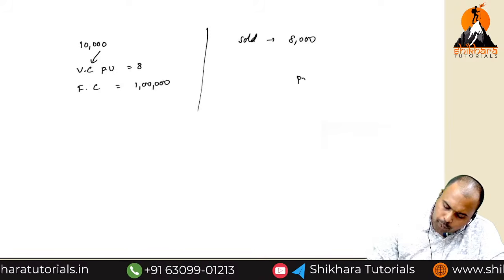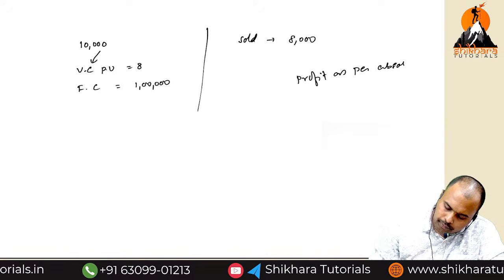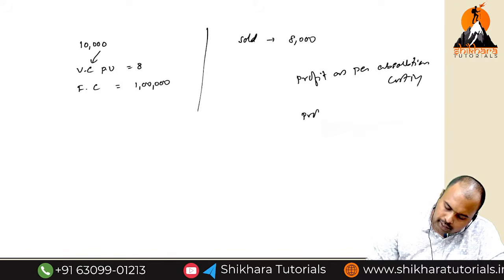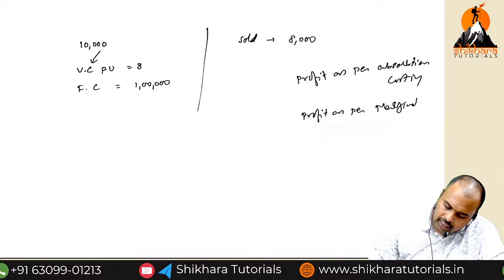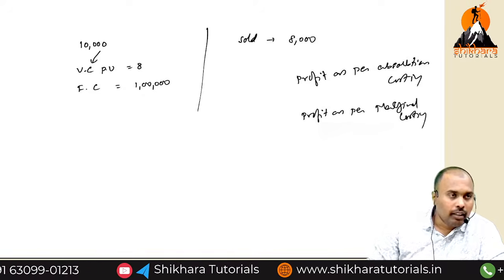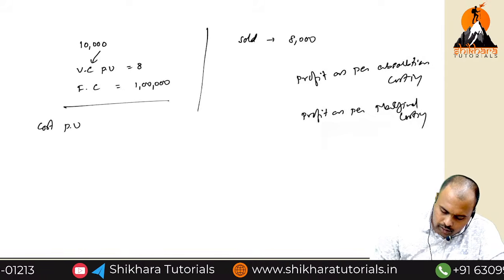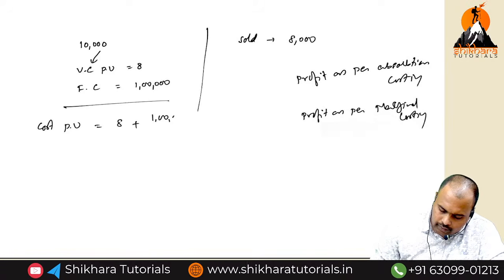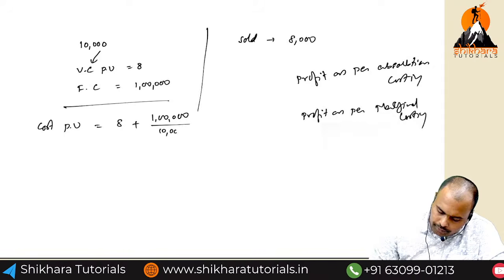Now, what is the profit as per absorption costing and the profit as per marginal costing? If you understand these two things, it will be easy. Now, what is cost per unit? Cost per unit is 8 plus 1 lakh by 10,000.